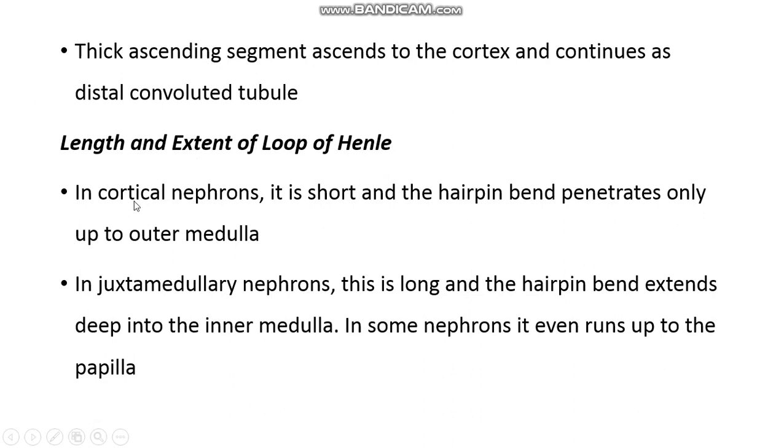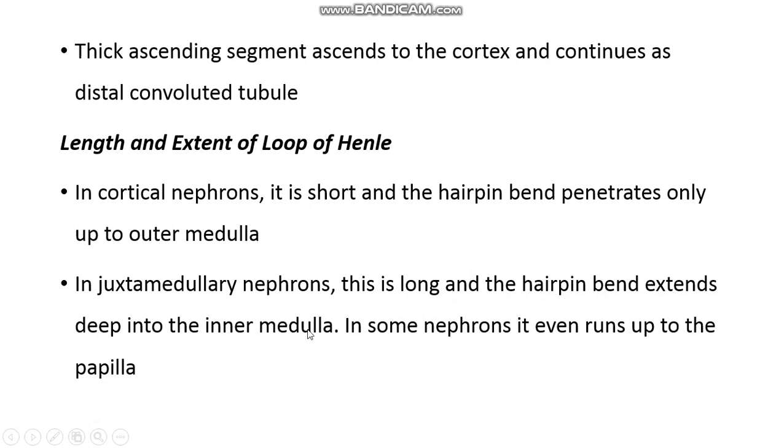Next we can see the length of the loop of Henle. In cortical nephrons the loop of Henle is very short and the hairpin bends penetrate only up to the outer medulla. But in the case of juxtamedullary nephrons, the loop of Henle is longer than that of cortical nephrons.